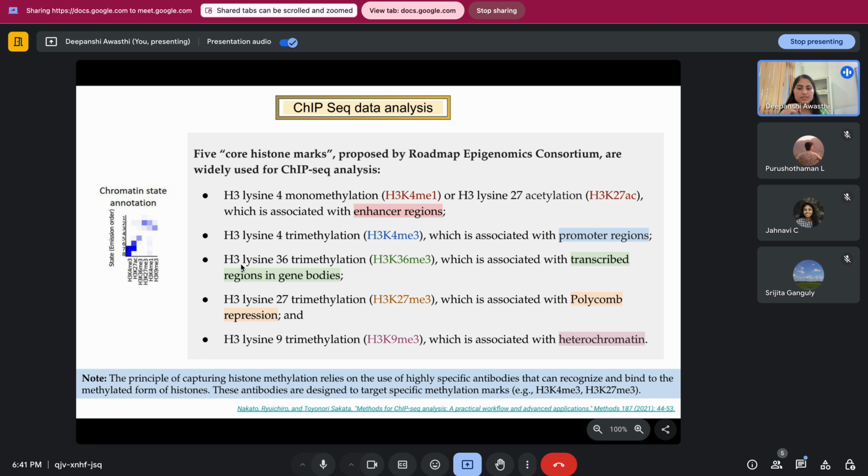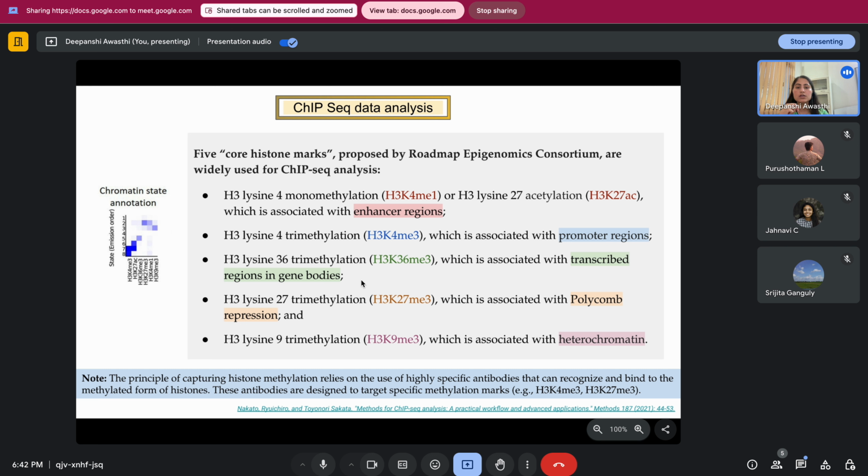And then histone 3 lysine 36. In all of these, it is only the third histone in which the lysines are modified with the methyl group. If the 36th position lysine is trimethylated, then it is associated with the transcribed region in gene bodies. So it will tell you that this is the region which is mostly transcribed.